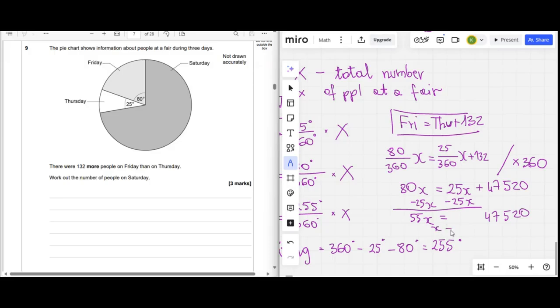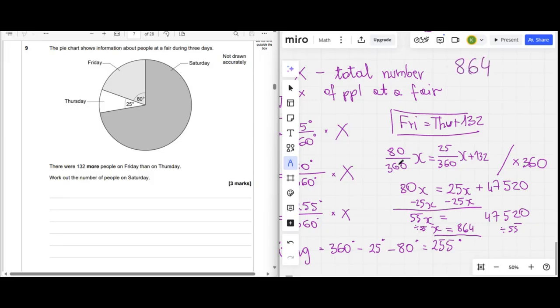So x itself would be this divided by 55 and that divided by 55. 47,520 divided by 55 is 864, and this is the total number of people at the fair.